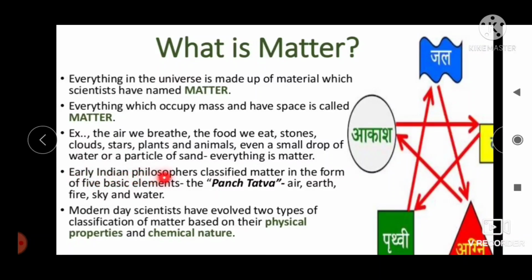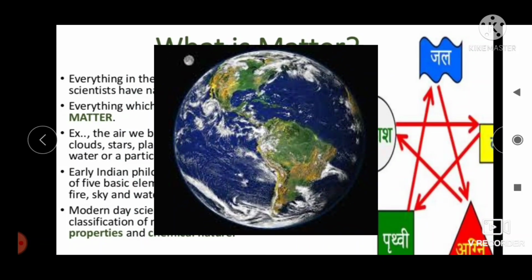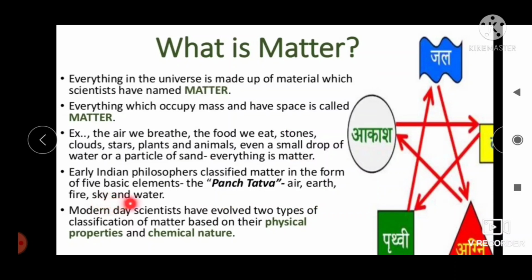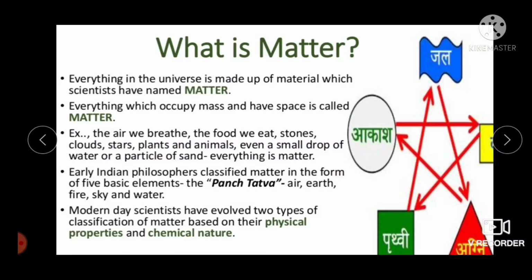Earlier, Indian philosophers classified matter in the form of 5 basic elements, that is Panchatattva: air, earth, fire, sky and water. According to them, everything living or non-living was made up of these 5 basic elements. What are the 5 basic elements? Air, earth, fire, sky and water.